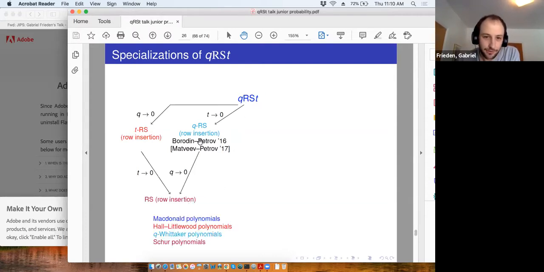If you set t equals 0, you get this Borodin-Petrov algorithm, which was generalized to RSK by Matveyev and Petrov. At q equals 0, you get some sort of t row insertion. I think that wasn't explicitly studied, but it's similar to another one. And then if you set both q and t to 0, you get regular row insertion.